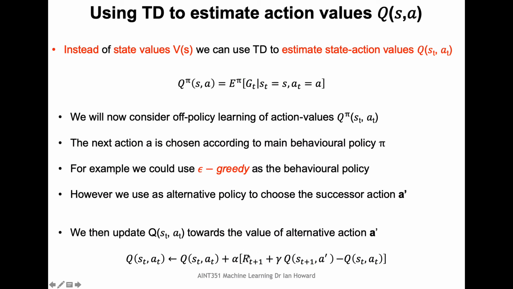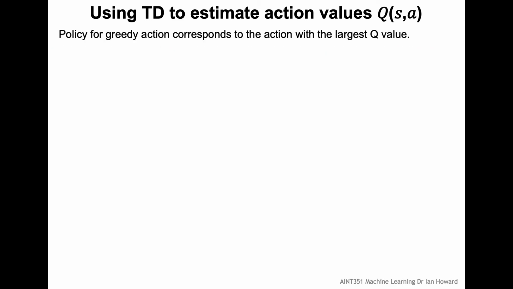The first term is the actual immediate reward we get, and this is then the predicted Q value from the next state.